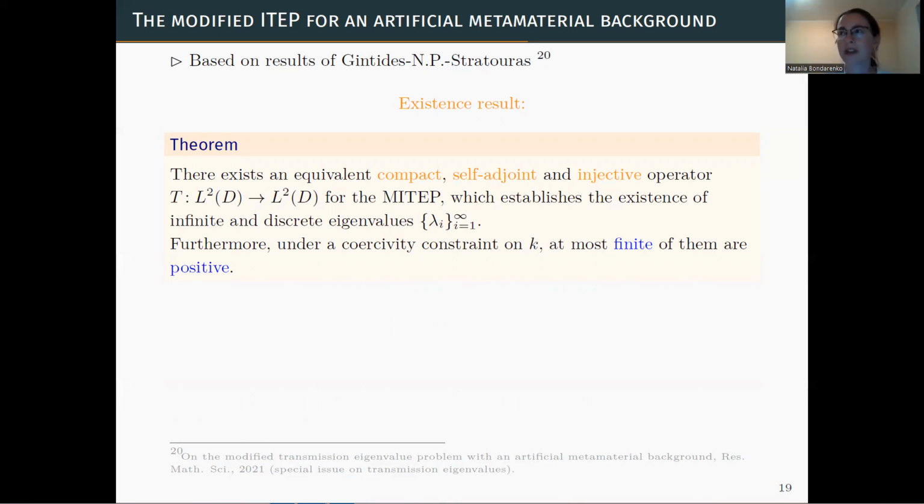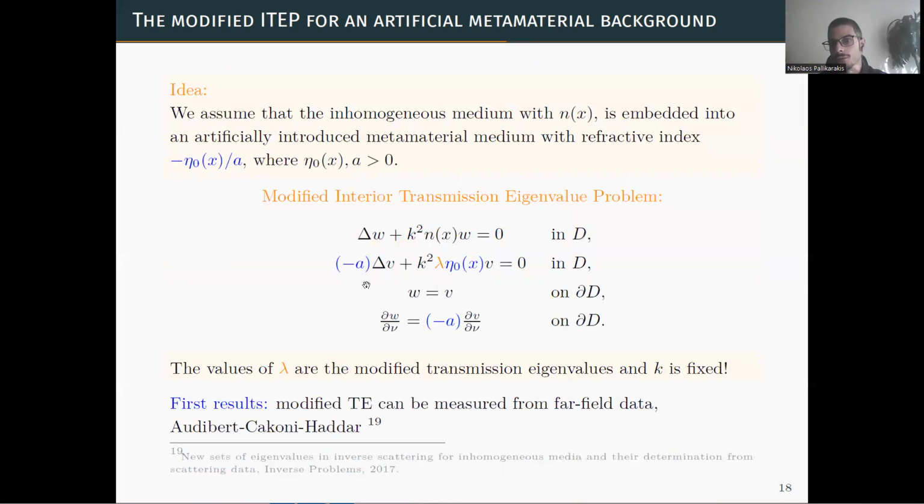So do you mean that in general, this negative sign is not important in your statement? No, the negative sign is very important, because without it, we cannot prove even the existence of the spectrum. It's not simplified.